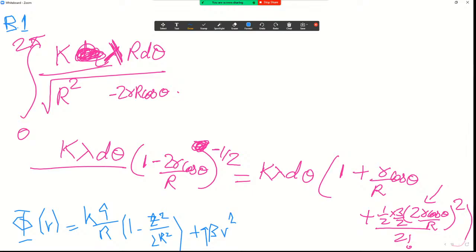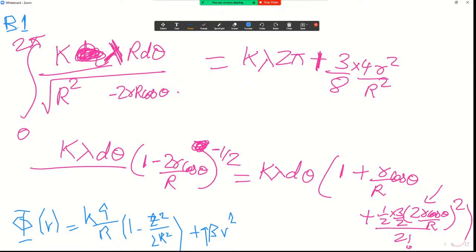Okay. Then we have k lambda. For the first term we have a direct 2 pi integral. For the second term we have 0, and for the third term we have 3 by 8 into 4 r square by capital R square cos square theta integrated from 0 to 2 pi.